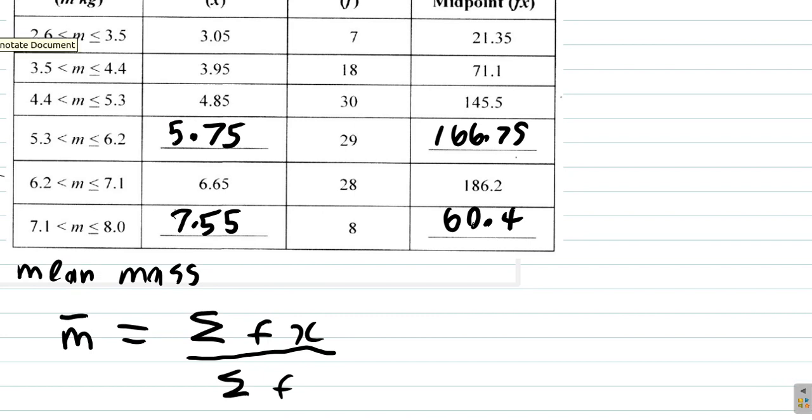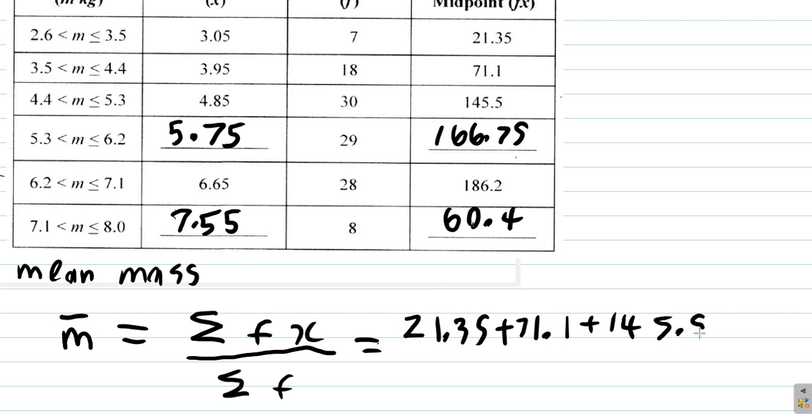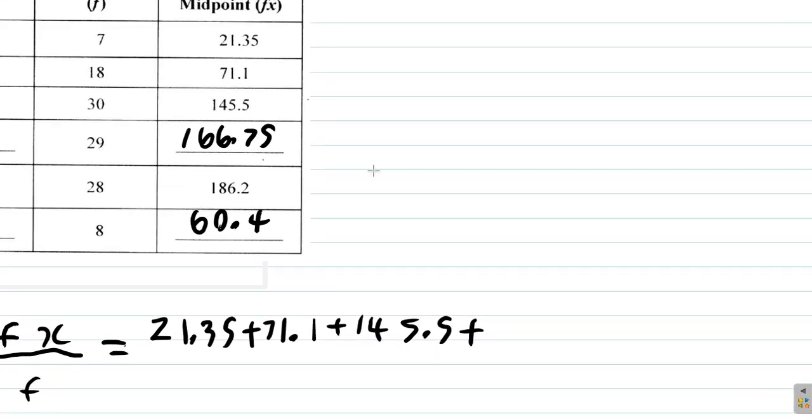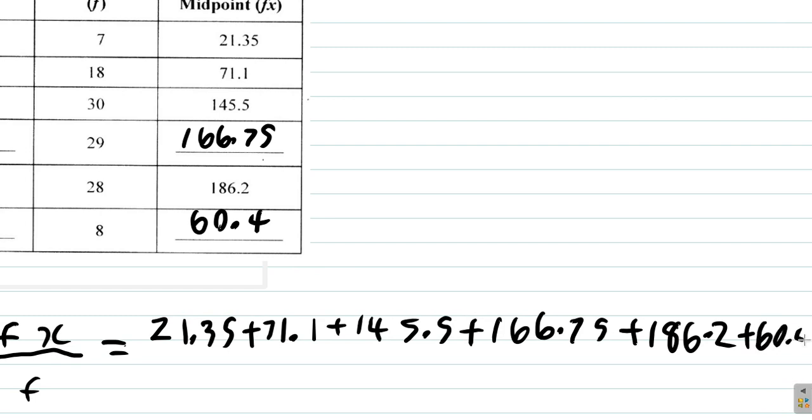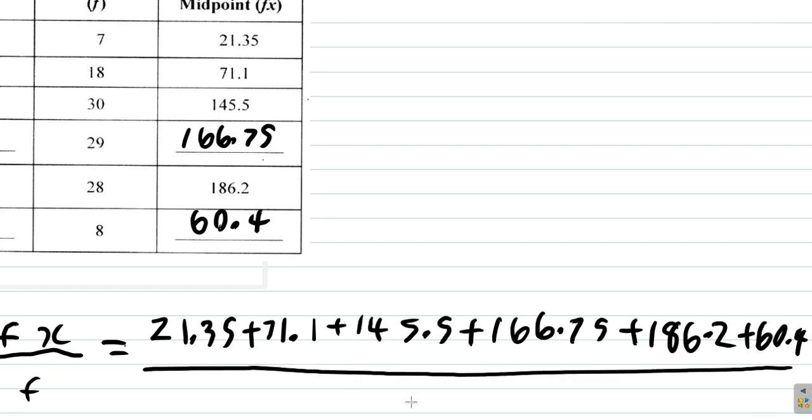So anyway, what you should have done is to say 21.35 plus 71.1 plus 145.5 plus 166.75 plus 186.2 plus 60.4, and all of that divided by 120.